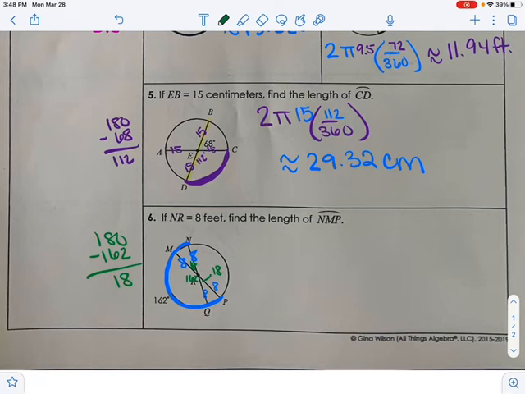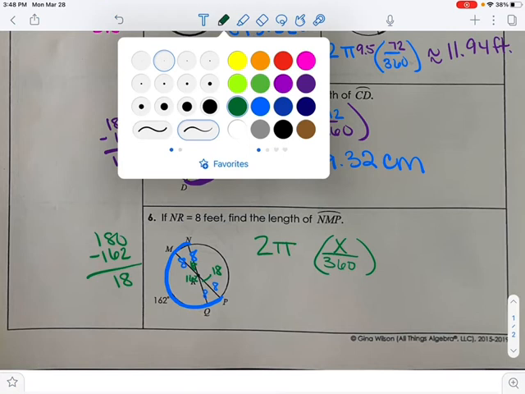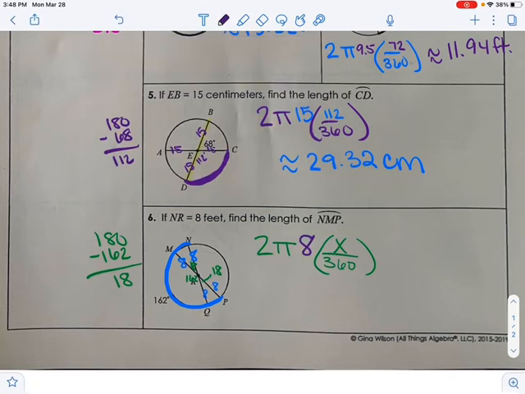So I am ready to plug into the formula. 2 pi r x all over 360. I'm going to erase out the r and put in number 8. I'm going to erase out the x. And I need to use all 3 of these angles.